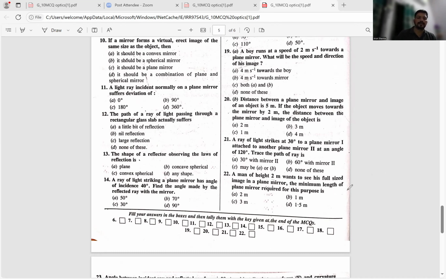This question is also in grade 12, and this question may be asked in JEE, NEET, and maybe CBSE also. Again, I repeat: a man of height 2 meter wants to see the full size of his image in a plane mirror. The minimum length of the plane mirror required for this purpose is?